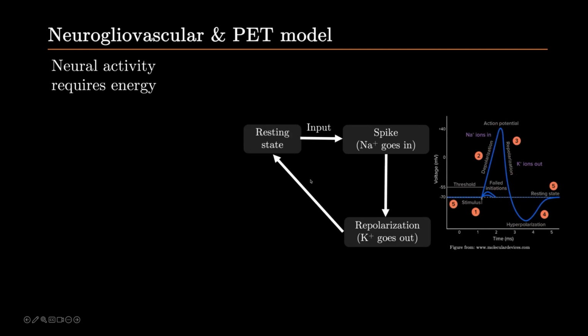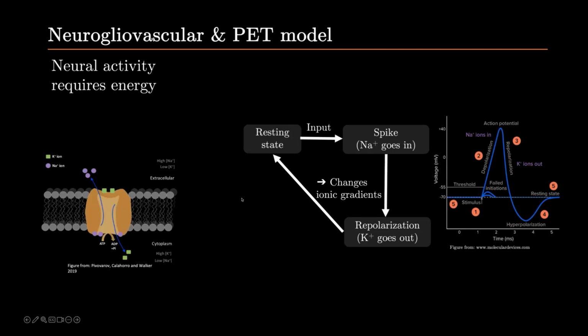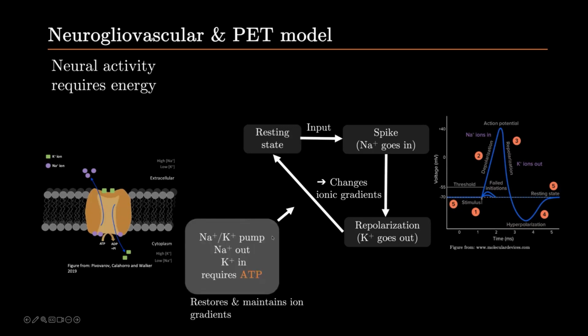Since ions go in and out during this whole cycle, the ionic gradients are changed. The ionic gradients are very important for the spike to happen in the first place, so there must be a mechanism to restore them. This mechanism is realized through pumps, which bring back out the sodium and bring back in the potassium. These are sodium-potassium pumps.